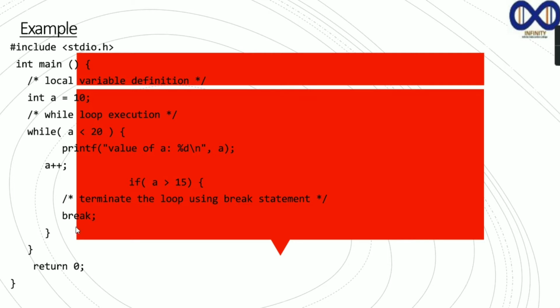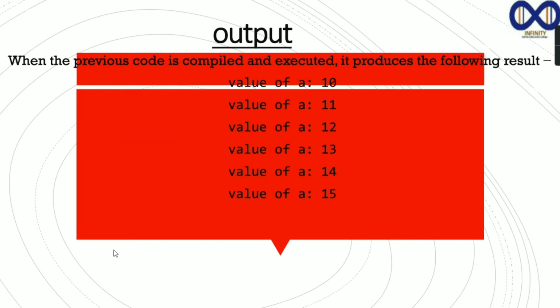After the break and the closing of the braces, it returns 0 and then the closing braces. It will execute up to 15. When the previous code is compiled and executed, it produces the following result.